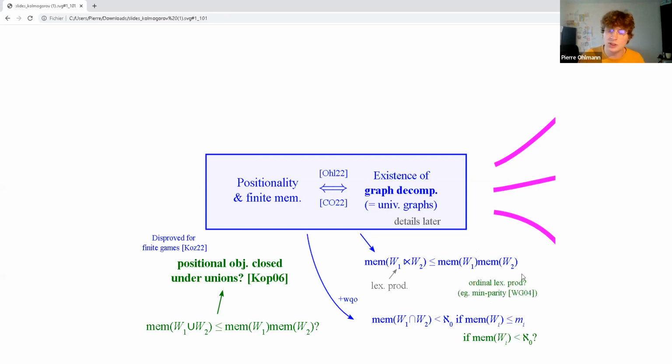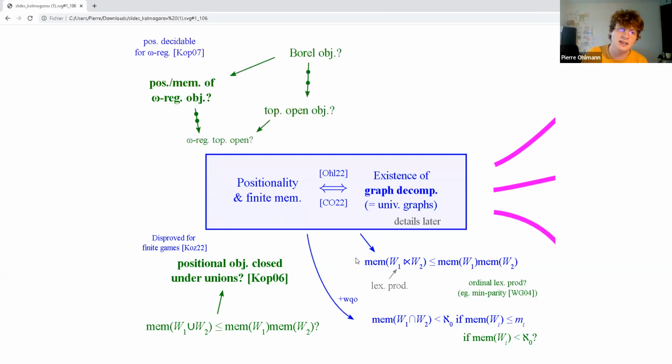Another question which was open until very recently, so that's why it's still written in green, but we solved it like 2 weeks ago, is whether this result is true for ordinal lexicographical product. But okay, that's maybe a niche kind of question. I'm talking too much already, so we can come back to this slide.